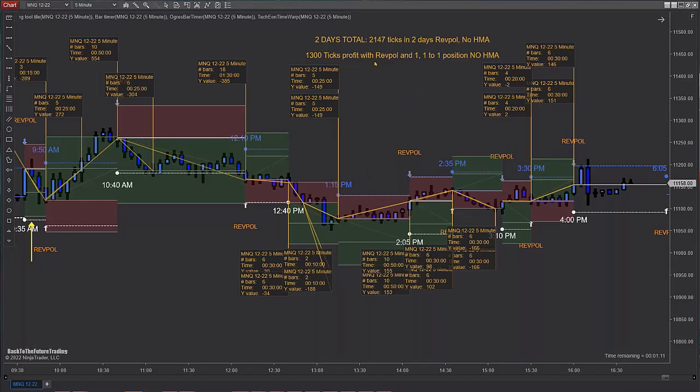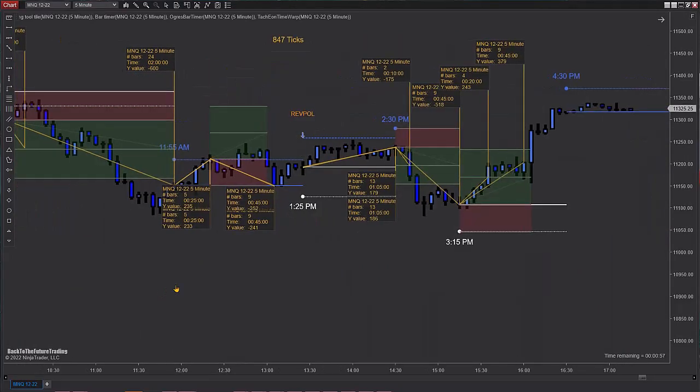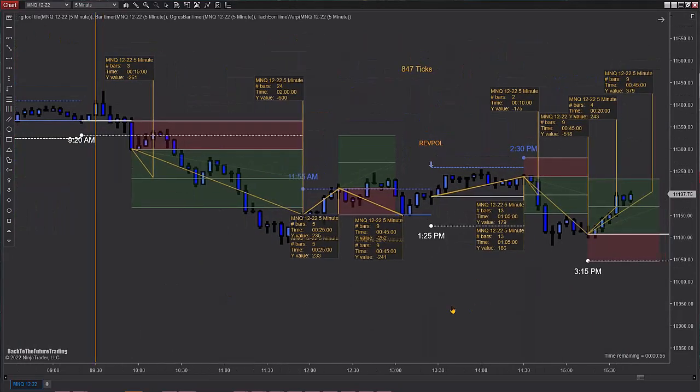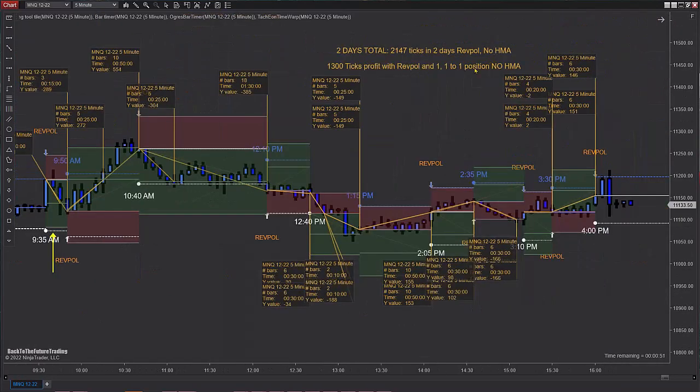And then I had another chart. I had 2 charts side by side, one with the rev poll and one without. One of these days, it was like we doubled our profit. So this day was 847. This day was 1,300. No HMA, reverse polarity is a yes.